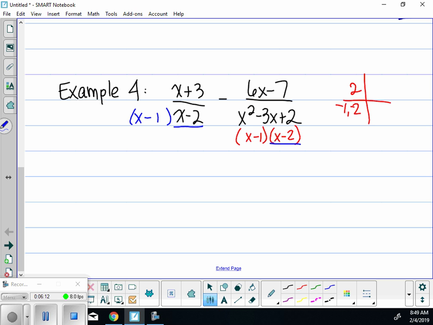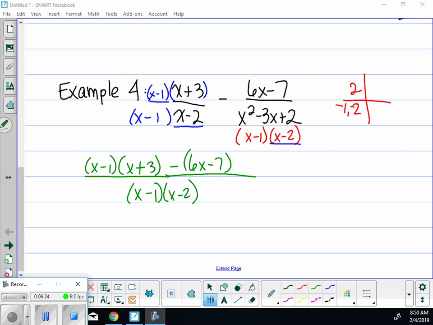So in order for them to be the same, I need to multiply the first fraction by x minus 1 over x minus 1. So then we can combine it all into a single fraction now that the denominators are the same.